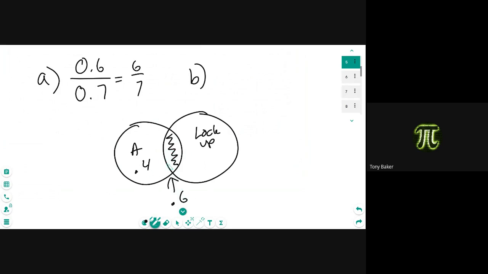A would have to add up to 1, right? The probability of A would have to add up to 1. What's everything in probability? 100%. So that's 60% and 40%. But does that tell me anything about B, C, and D? No, right? So it's not the 0.4.